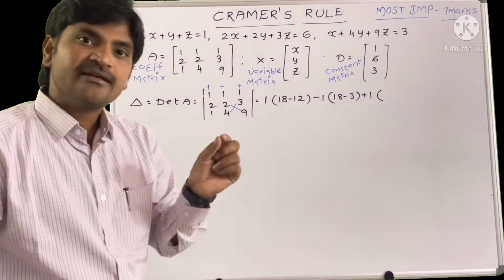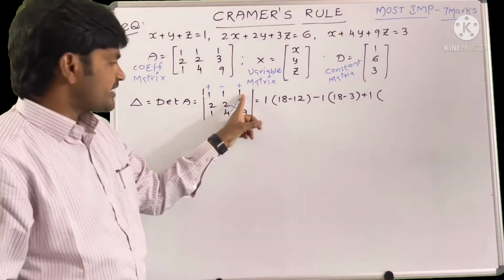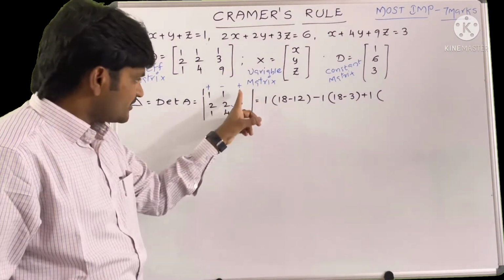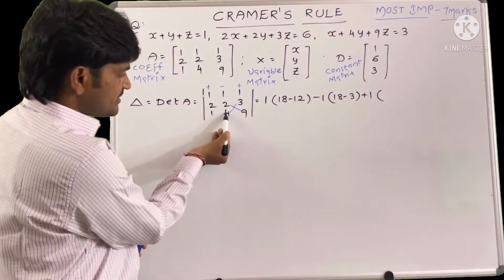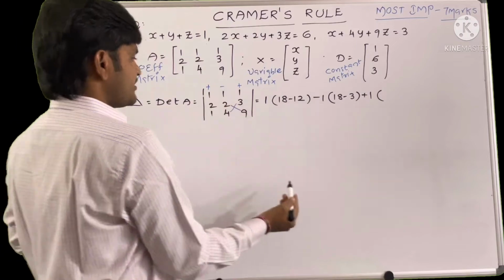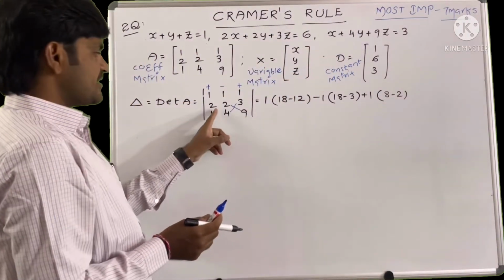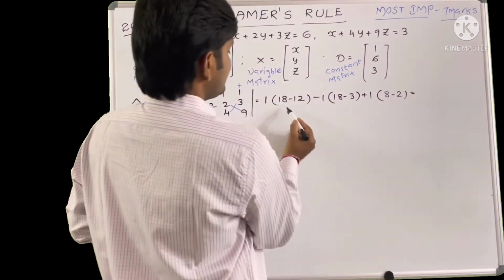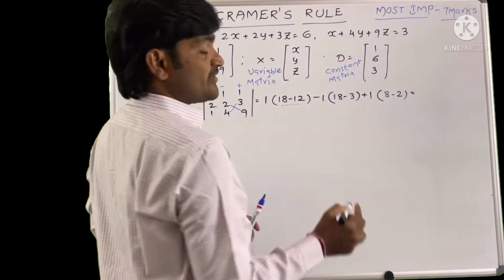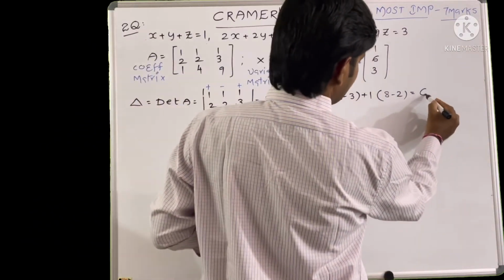Plus into 1, the symbol is plus. Again delete the row and column of this element, so this is 8 and this is minus 2. 8 minus 2. Now the simplification starts. 18 minus 12 value is 6, and 6 ones are 6.